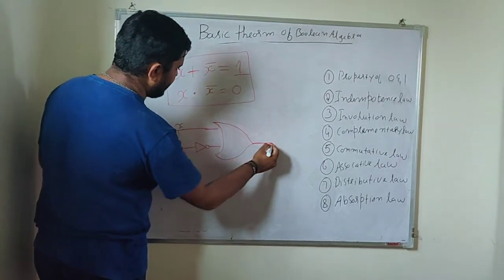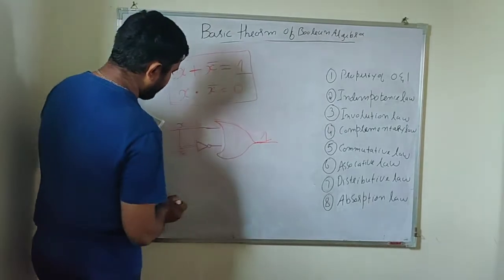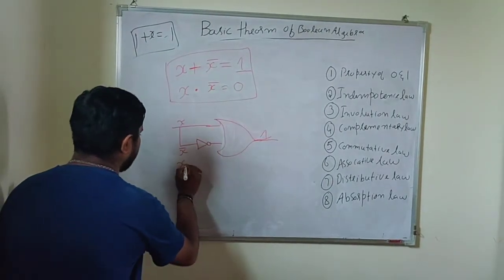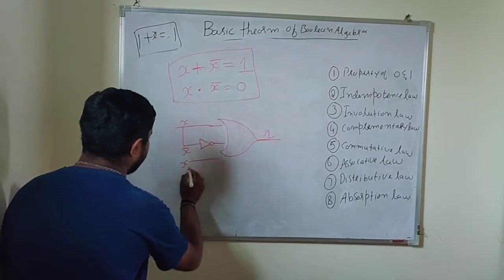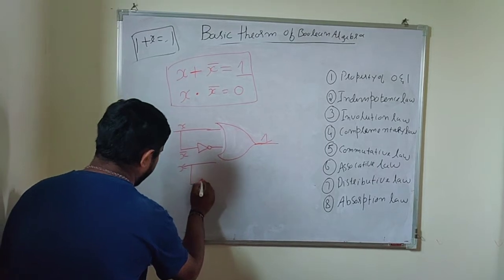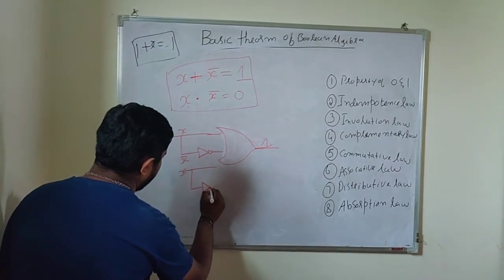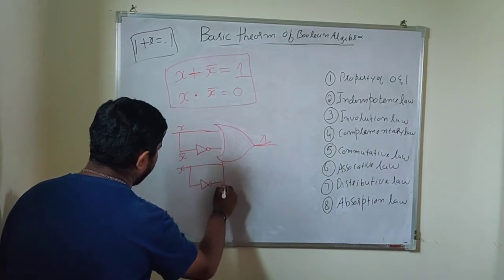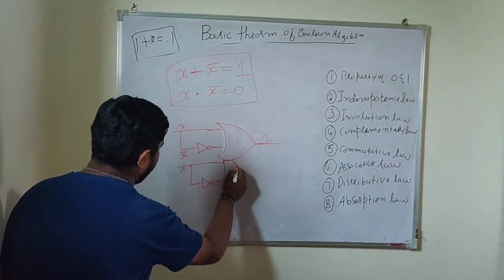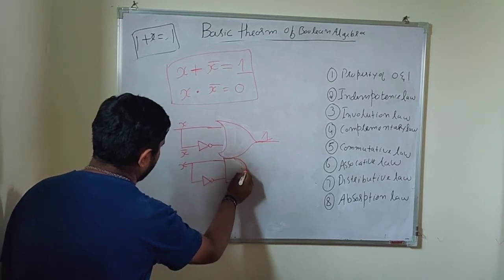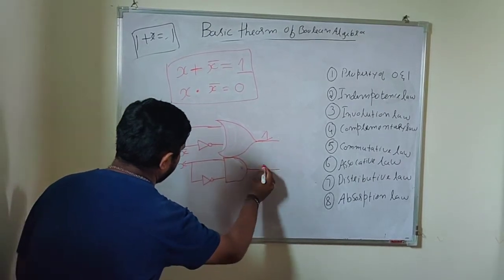This is the OR gate symbol, and you get 1. So if x is the variable, and again you combine this x variable with its complement using an AND gate, then you will obtain the value 0. It is equal to 0.